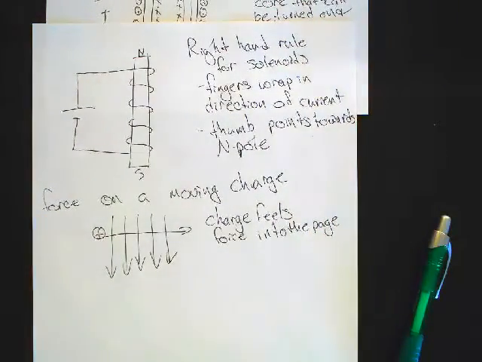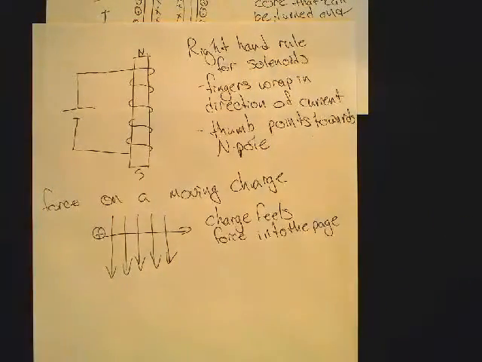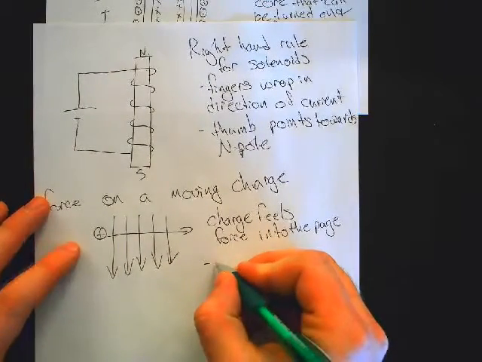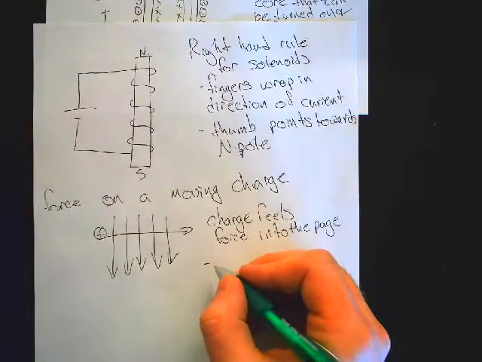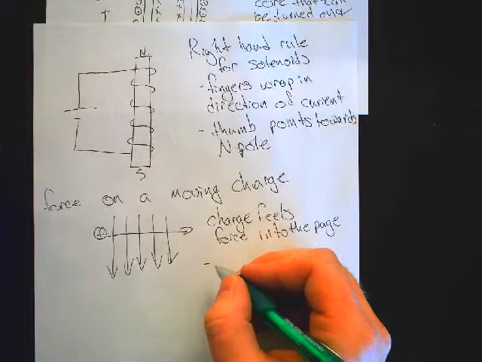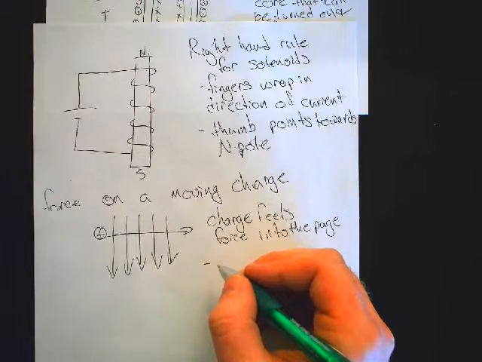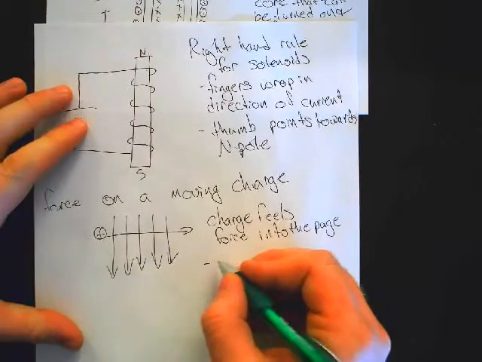So again, if I've got thumb going that way, fingers going this way, force is that way. In every case, they will create an XYZ axis set. They're all mutually perpendicular. So motion of charge and the magnetic field must be mutually perpendicular in order to actually even generate a force at all.